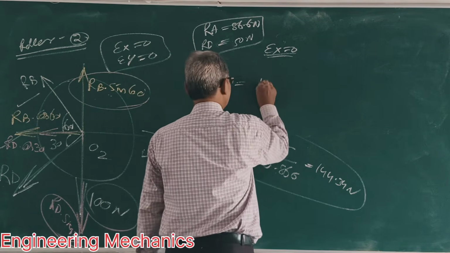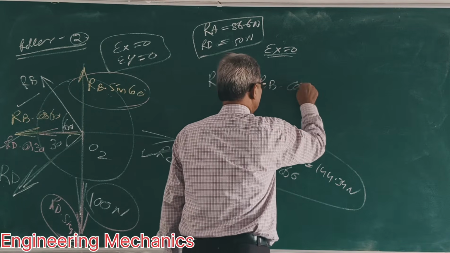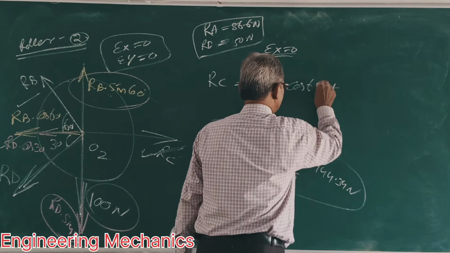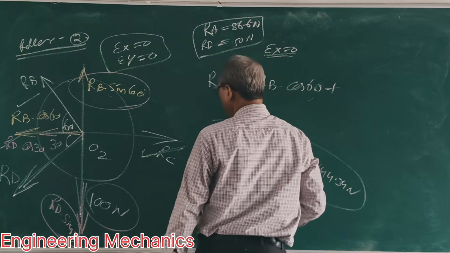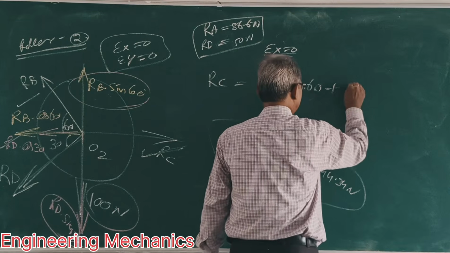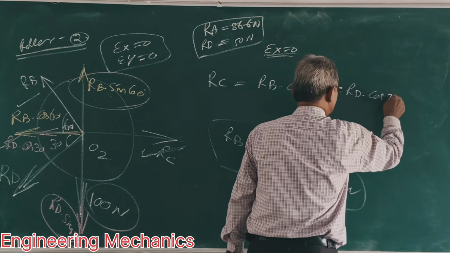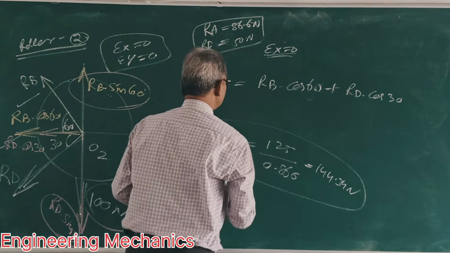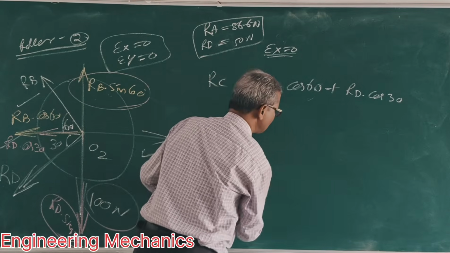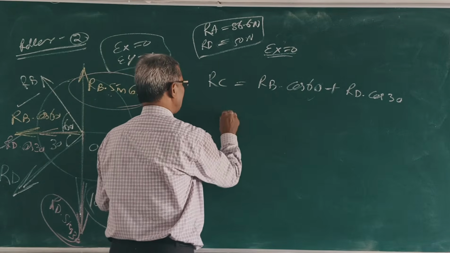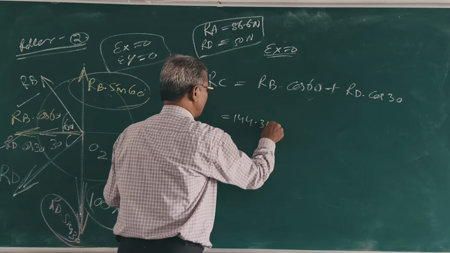RB cos 60 plus RD cos 30. Clear? What is RB? 144.34 into, what is cos 60? Half.